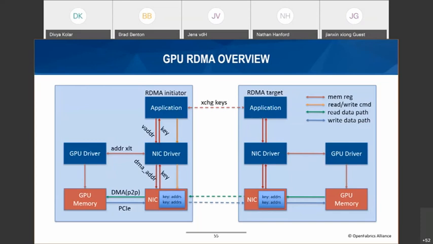RDMA operations have been supported by NICs for a long time, usually using system memory. The NIC has a way to get the memory's physical address from the operating system and store it inside the NIC in a table.